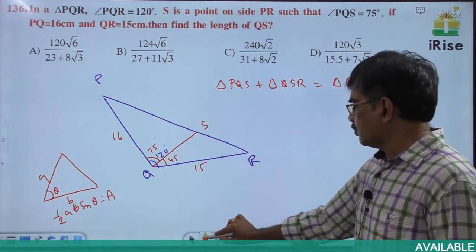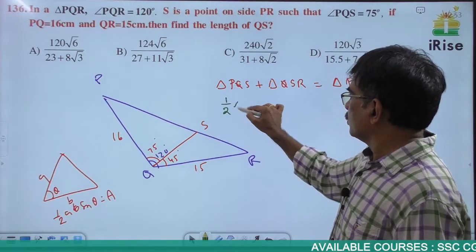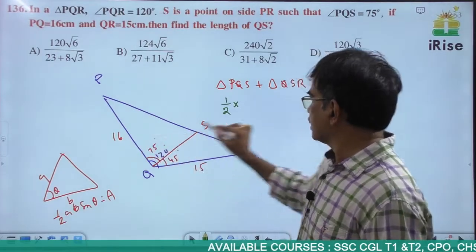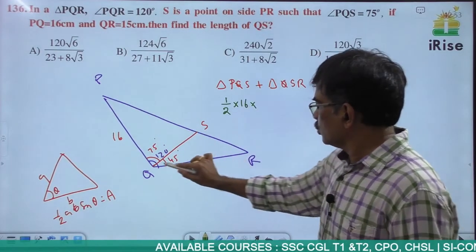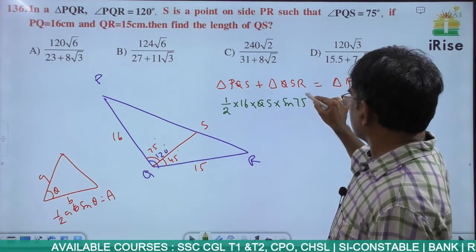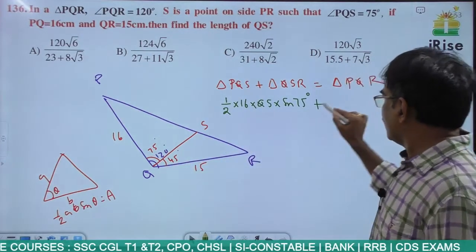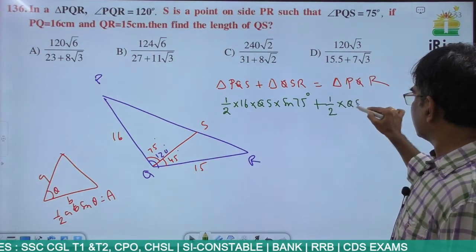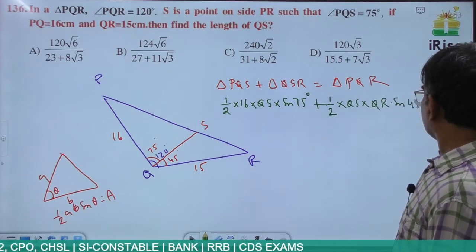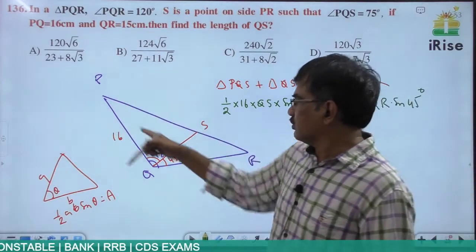What is the area of triangle PQS? Half into 16 into QS into sin 75 degrees, plus area of this part, half into QS into QR into sin 45 degrees, is equal to the total area of this triangle.